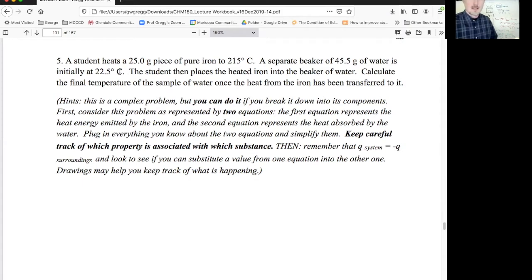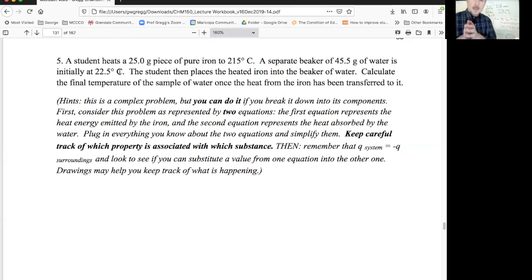The question then says, the student places, probably with forceps or tongs, the heated iron into the beaker of cool water. And we are asked to calculate the final temperature of the sample of water once the heat from the iron has been transferred from the iron into the water.